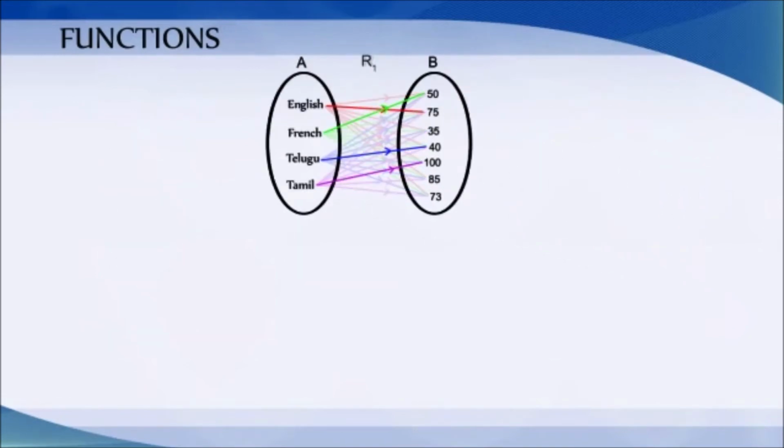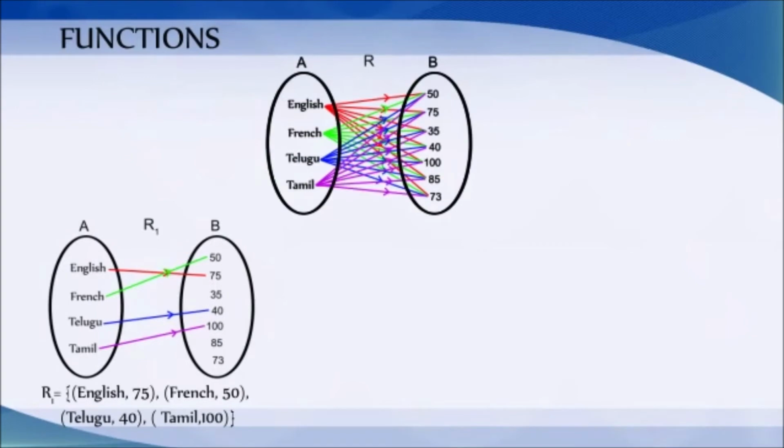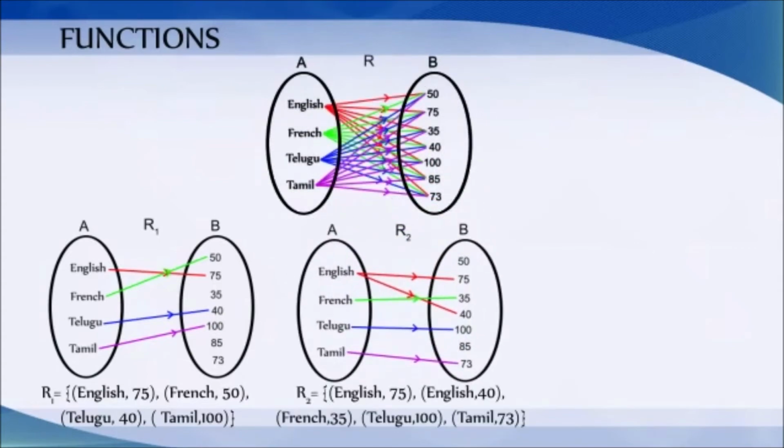R1 is a relation having the set of ordered pairs (English, 75), (French, 50), (Telugu, 40), (Tamil, 100). Similarly, R2 is equal to (English, 75), (English, 40), (French, 35), (Telugu, 100) and (Tamil, 73).